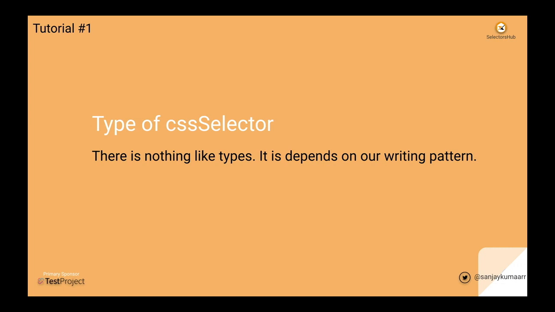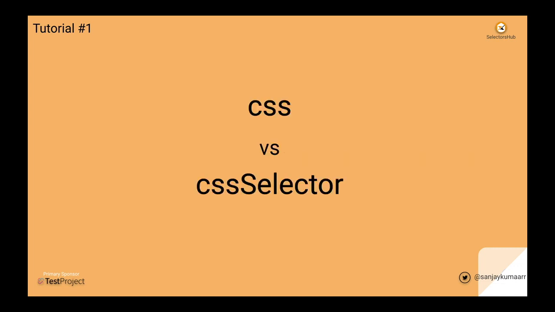So same here, for CSS selector, you can say there is an absolute type, meaning it defines the type on the basis of the way we write, but actually there is no type. This is very important: CSS versus CSS selector.